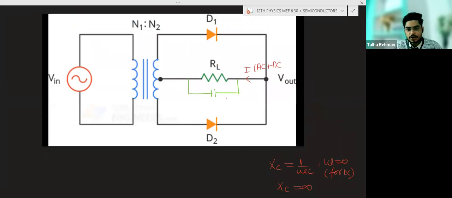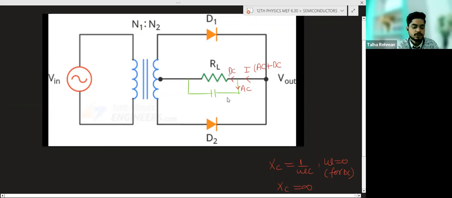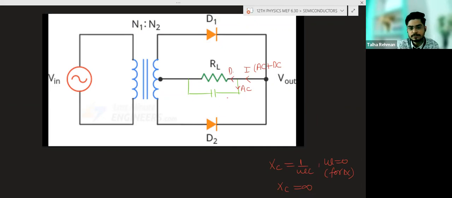So in capacitor, what will flow if DC will not flow? Whole AC will flow through capacitor, and whole DC will flow through the load resistance. Means we will get pure output of DC. Pure DC we will get.